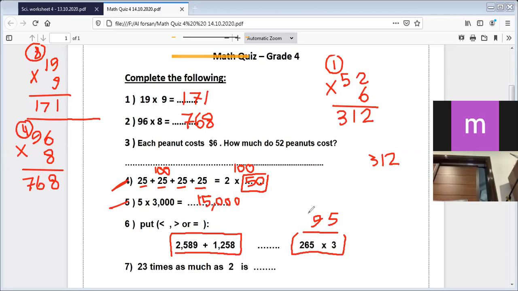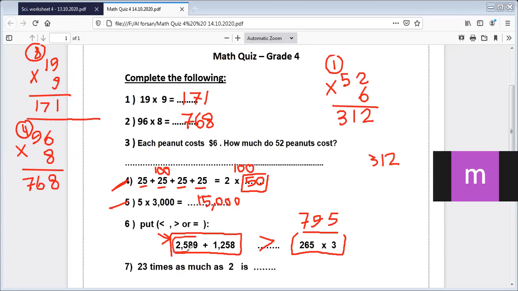Then 3 times 2 is 6 plus 1, 7. So this one is 795. Without making anything here, you can say this one is bigger. You know why? Because one number here is bigger than this one. So what if you add all of them? Of course, it will be bigger.